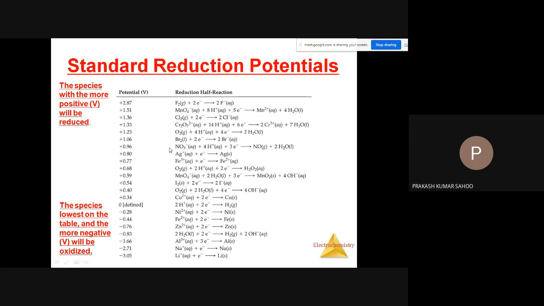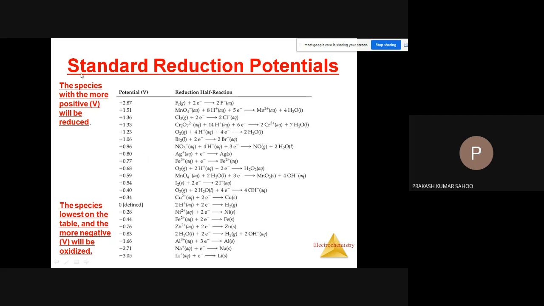Before going through this table, I would like to say that according to the recent rule framed by IUPAC, the International Union of Pure and Applied Chemistry, anything related to electrochemistry, cell potential or electrode potential, should be measured in terms of reduction potential, not oxidation potential.